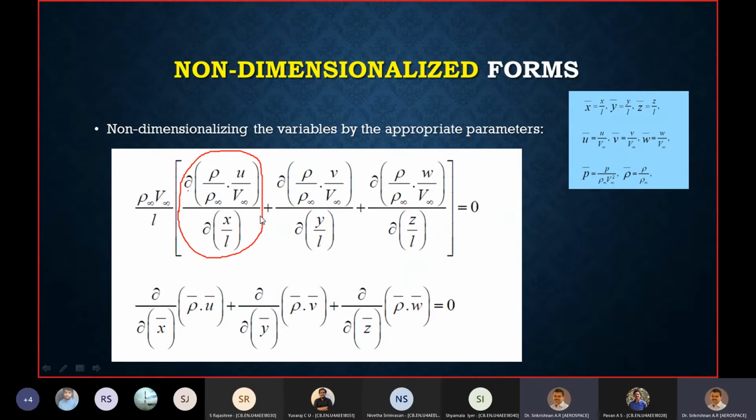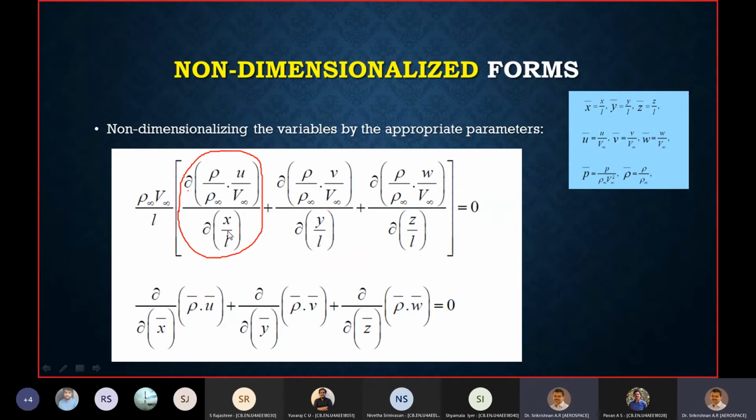Similarly, in the denominator dou x, I am non-dimensionalizing x by L. L is the streamwise length or the dimension of the body. So x by L is the non-dimensionalized form for x. So all that I have inside the bracket is partial d of rho by rho infinity, u by v infinity, by partial of x by L. So dou by dou x of whatever you have.